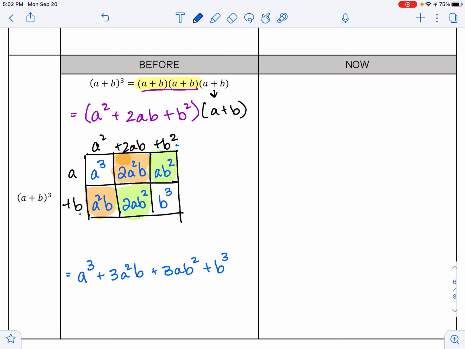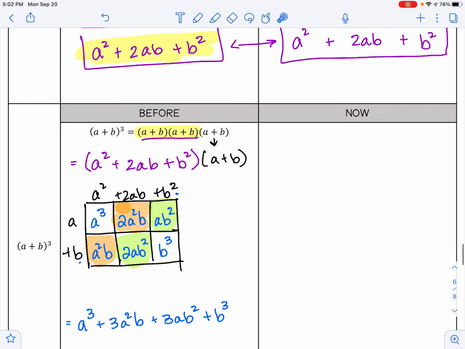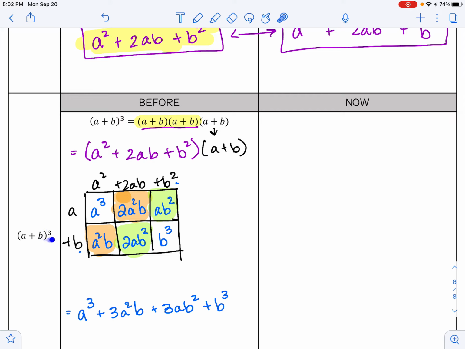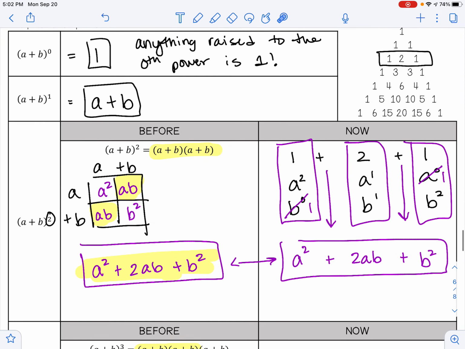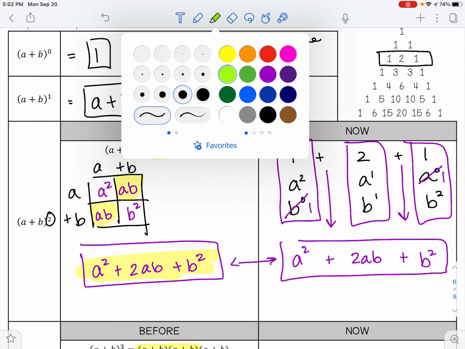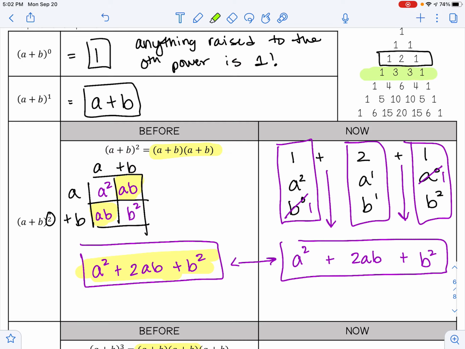Now that we know Pascal's triangle, we can say, all right, if I'm multiplying A plus B to the third power, instead of doing all of this work, I can use this row, because remember, this would be the 0th row, first row, second row, third row.